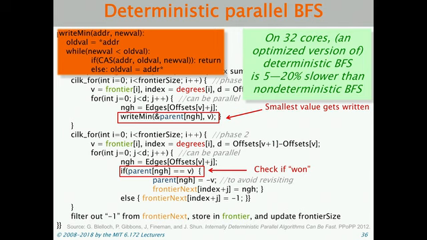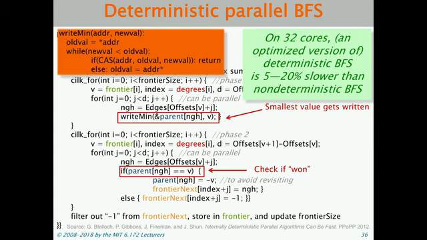If it is, then we're going to attempt to do a compare and swap at that location, writing new val into that address if its initial value was old val. And if that succeeds, then we return. Otherwise, we failed, and that means that somebody else came in the meantime and changed the value there. And therefore, we have to reread the old value at the memory address, and then we repeat.